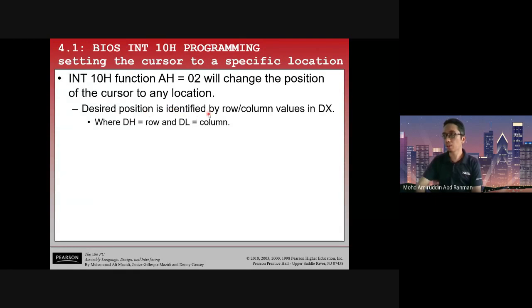The position is identified by the row and column in DH and DL, like the one before. That function we use is AH equals 02.